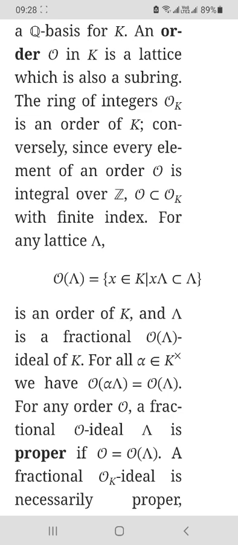Conversely, since every element of an order is integral over Z, the key point is that it is integral. Since every element of an order O is integral over Z, O belongs to OK with finite index. OK is maximal, and O belongs to OK with finite index.